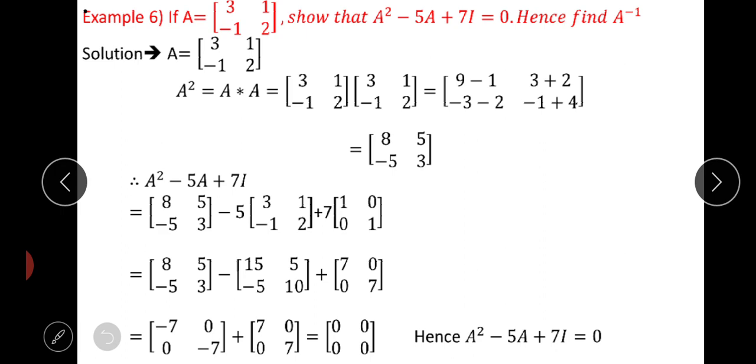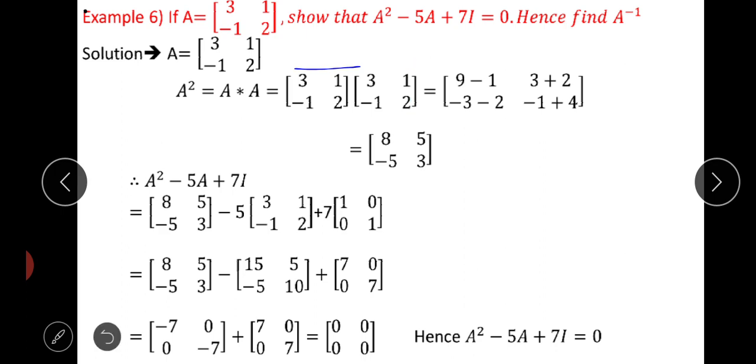Yes, you know how to find the multiplication of a matrix. First row with first column, then first row with second column. Already you studied in the matrices topic.